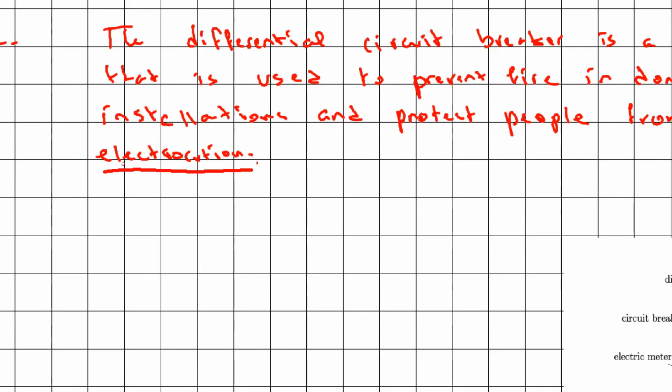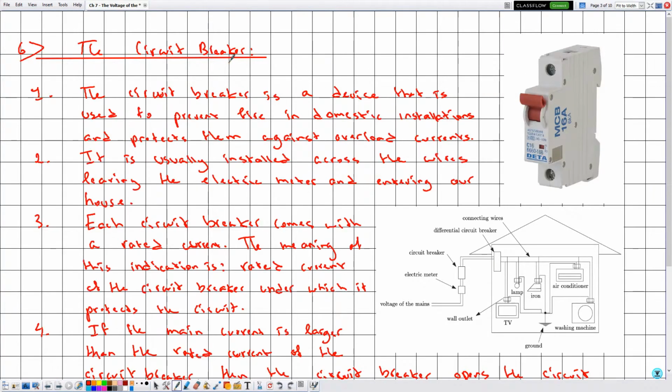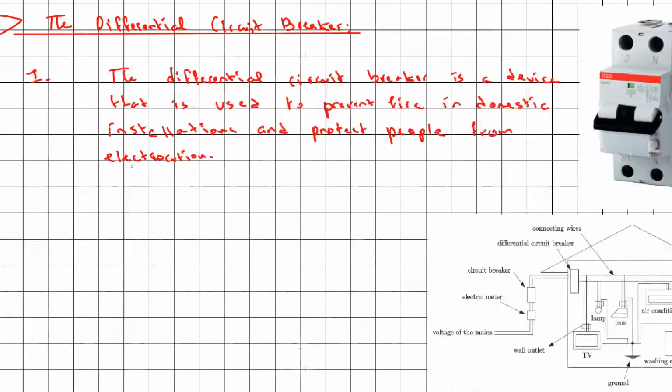Now, electrocution is the process of, or the injury due to, electric shock, and this usually happens to human beings when they touch a bare wire or a wall outlet. Now, the differential circuit breaker is exactly the same as the circuit breaker, but the difference is that the differential circuit breaker is used to protect human beings from electrocution.